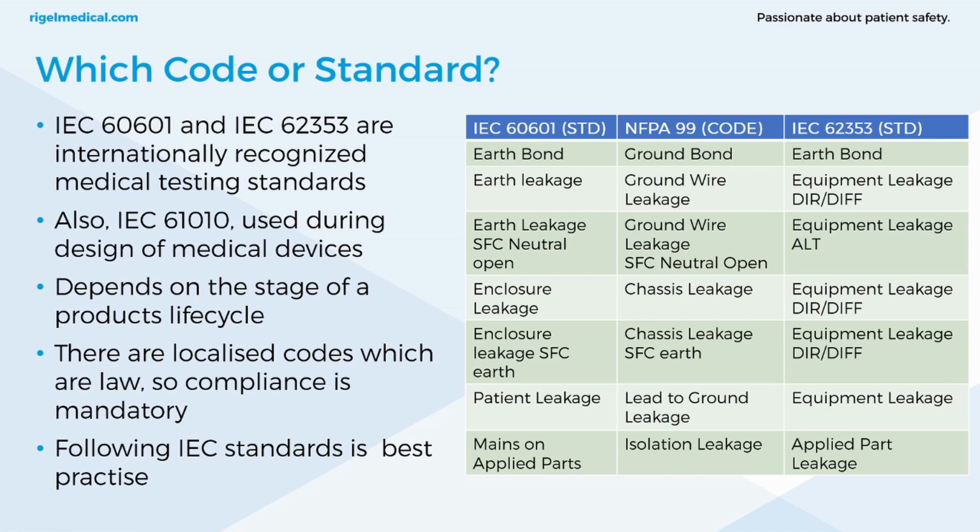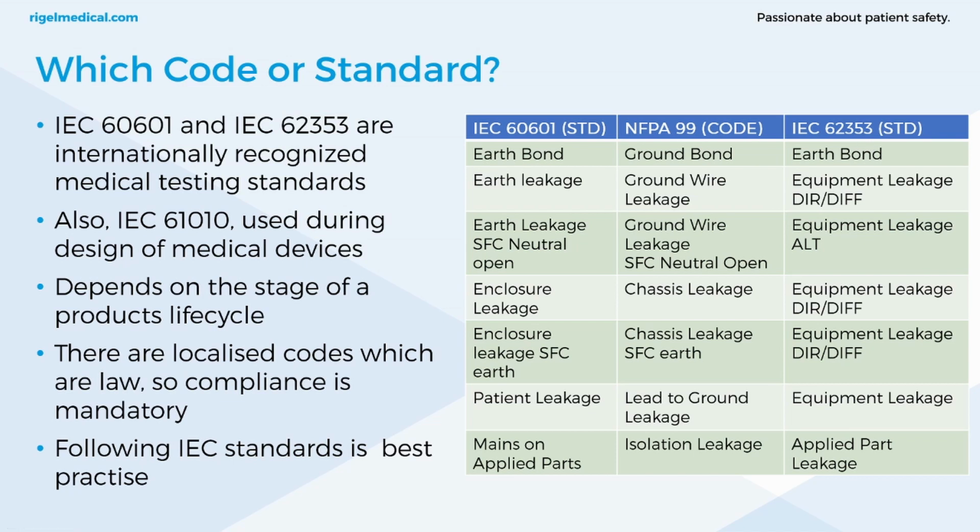Testing depends on the stage of a product's life cycle. So in this table, we've got your IEC 60601, your standard is for your type tests. You've got IEC 62353, which is a standard for recurrent testing, and you've also got NFPA 99, which is a code.